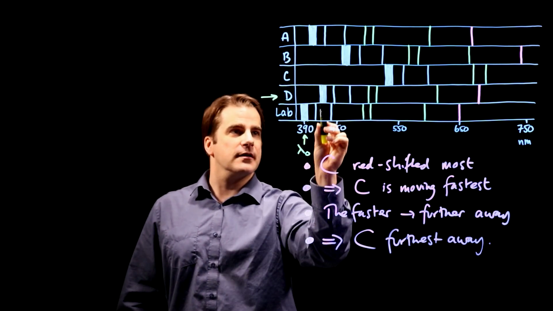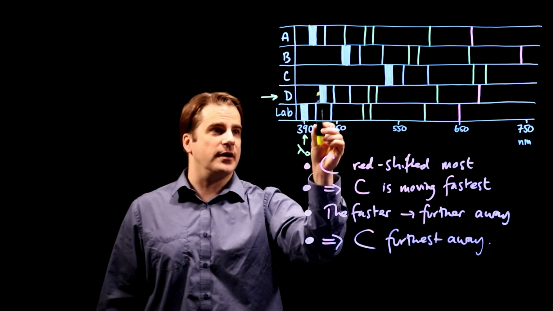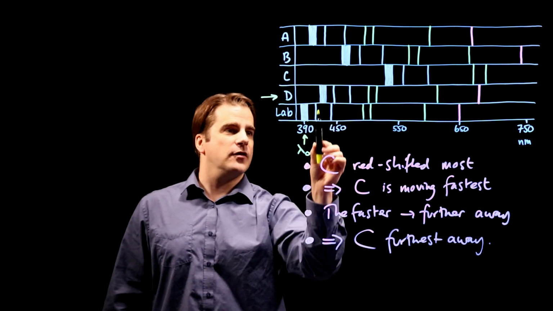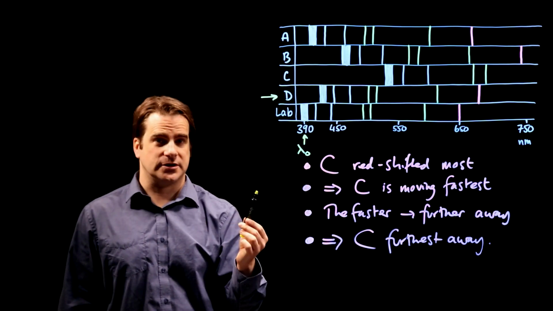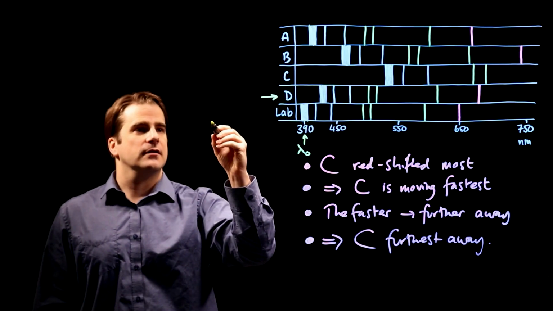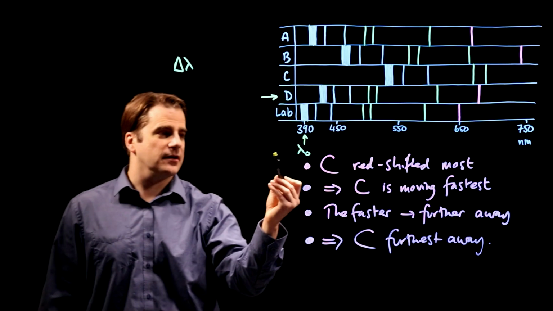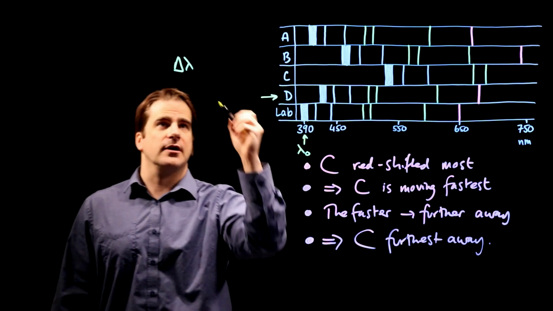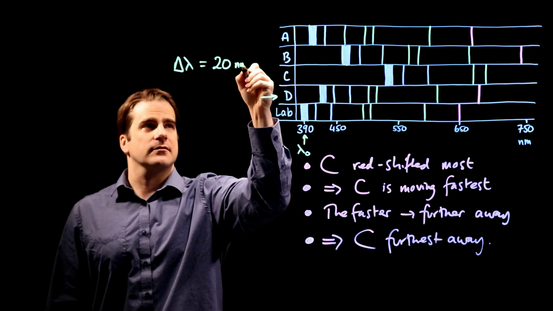This line here, the thick line, the reference wavelength, has moved to about 410 on your question paper, okay? So therefore, delta lambda, the change in the reference wavelength, is about 20 nanometers.